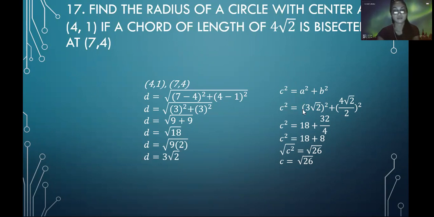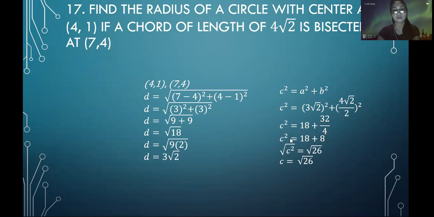So c squared is equal to 3 square root of 2 squared plus 4 square root of 2 over 2 squared. So c squared is equal to 18 plus 32 over 4. C squared is equal to 18 plus 32 over 4, which is 8.